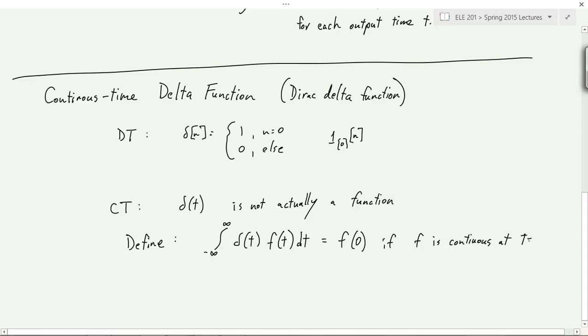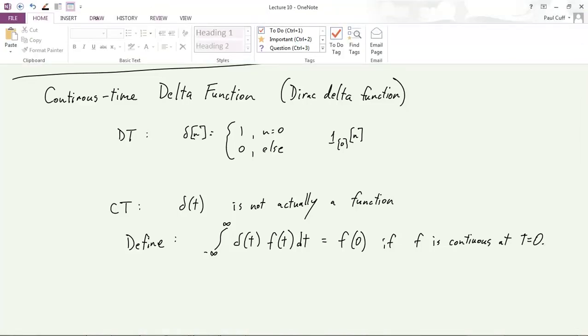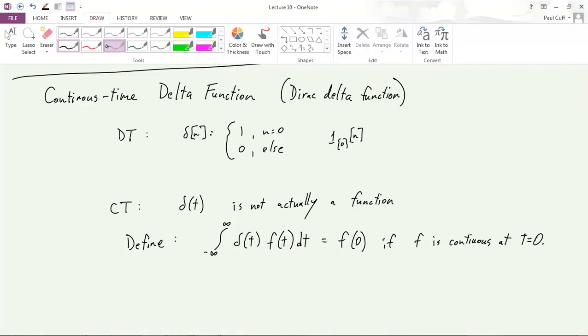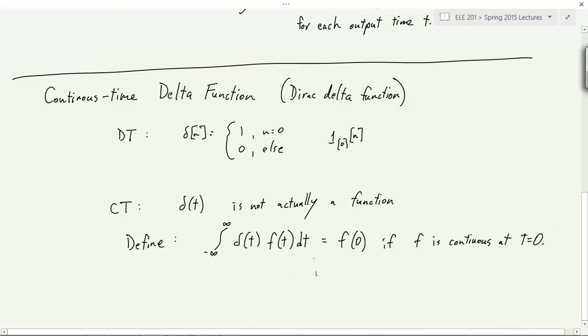At t equals 0. Now, notice, if you look back in your notes, this is just the shifting property. So we have a shifting property that if you do this with the Kronecker delta function in discrete time, that property holds, and it's easy to verify. We want a function where that same property is going to hold in continuous time.